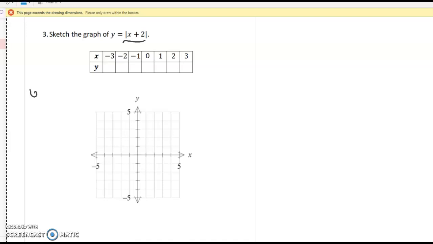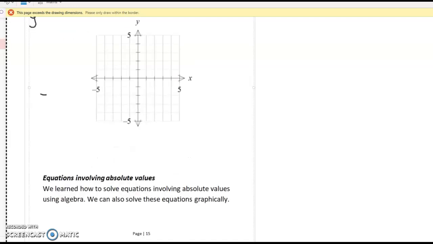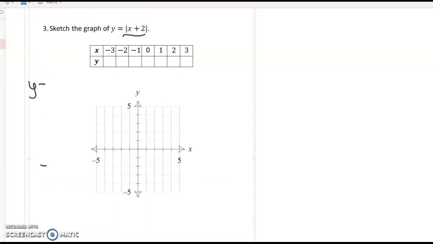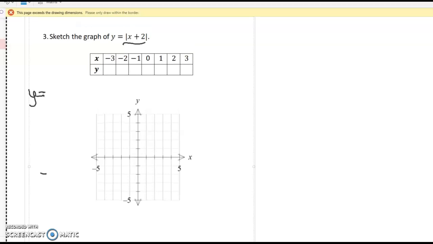We get y equals the absolute value of minus 3 plus 2, so that's equal to minus 1, and the absolute value of minus 1 is just 1.